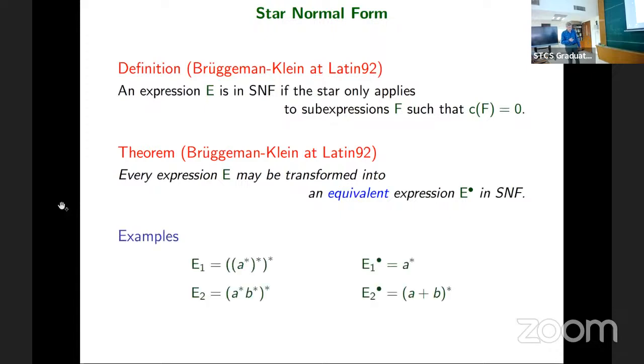So for instance, if you start from a star star star, the normal form is a star, and the most somehow striking transformation, if you start from a star to star star, this is what you get.